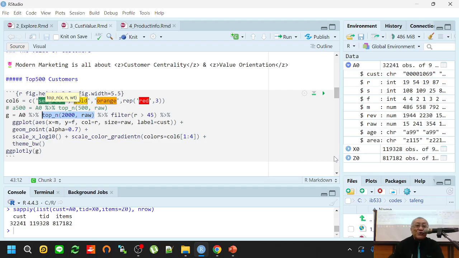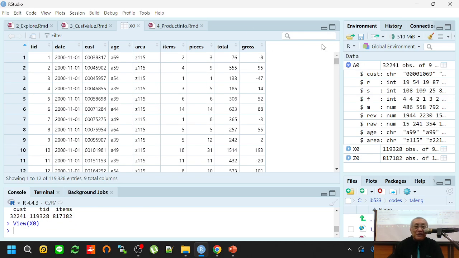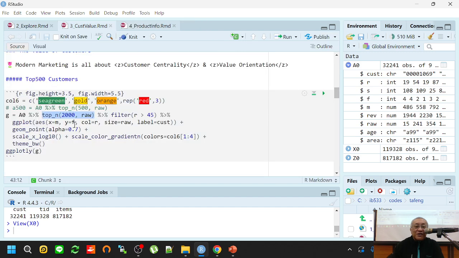So these are the 2000 customers that are contributing the largest value to our company. And some of them have not bought from us for more than 45 days.